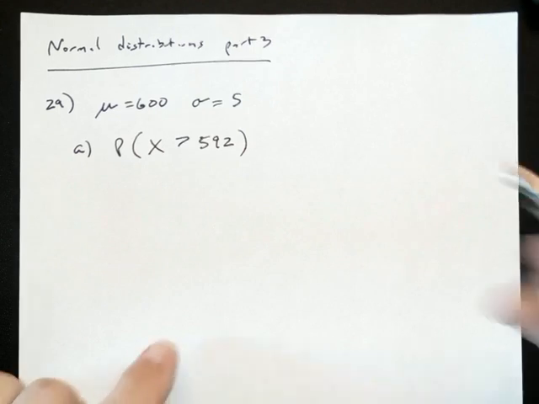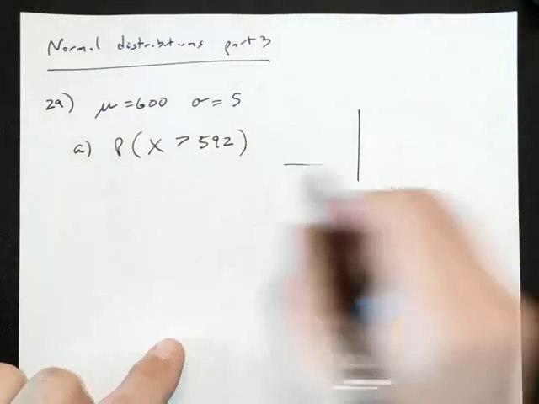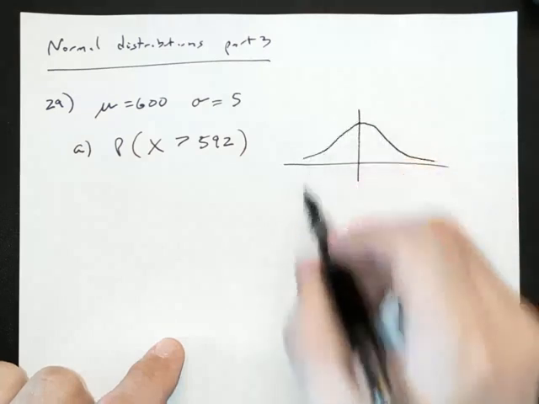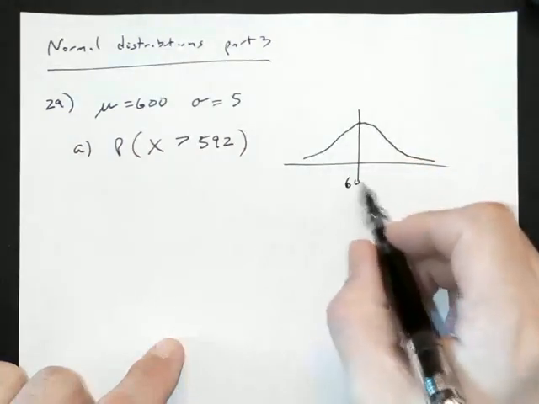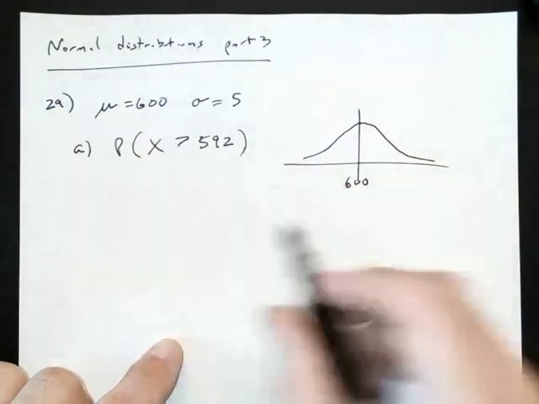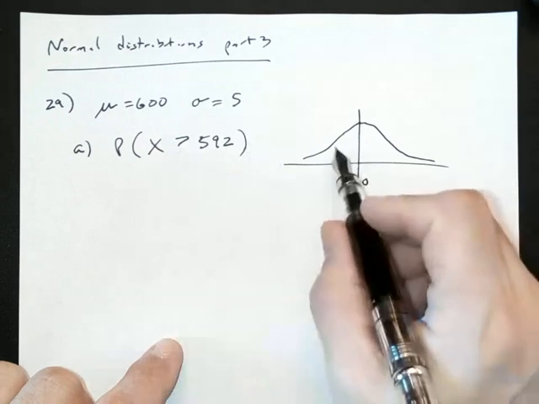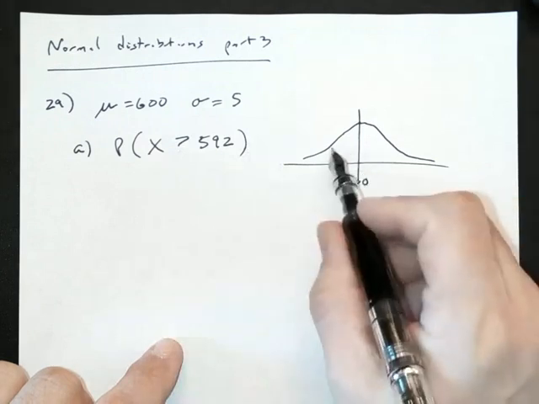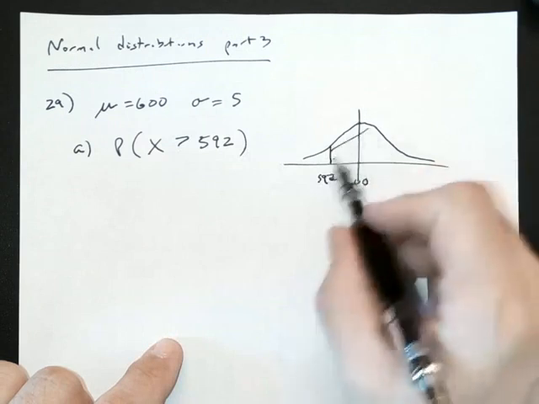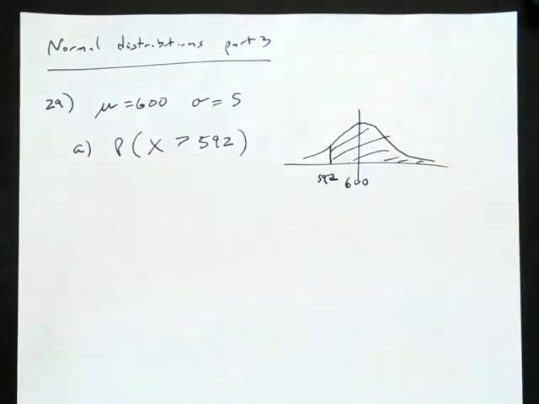So if I draw the picture, the average is 600. The standard deviation is 5. I want to know what's the chance we're greater than 592. 592 is less than 600. I want this area.